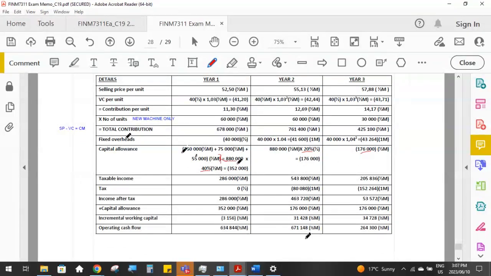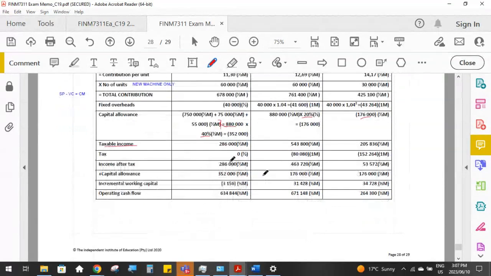So we deduct that in order to get the taxable income so that we can then calculate the rand value of the tax. So this 80,000 is going to be 28% of year 1's taxable income. This 152 over here is 28% of year 2's taxable income.